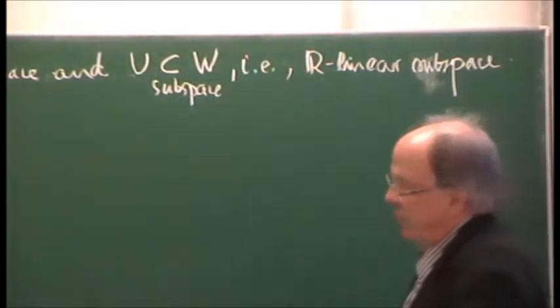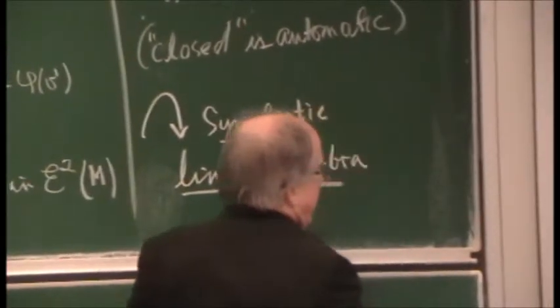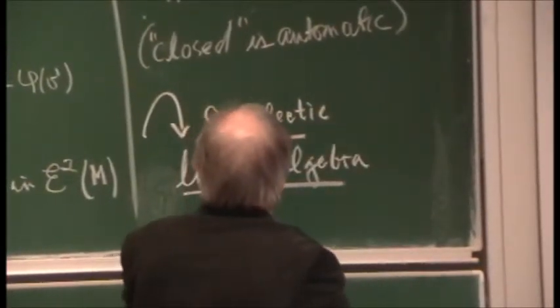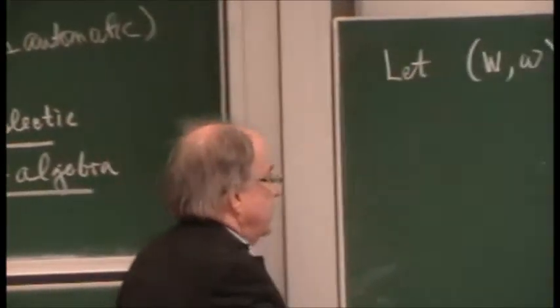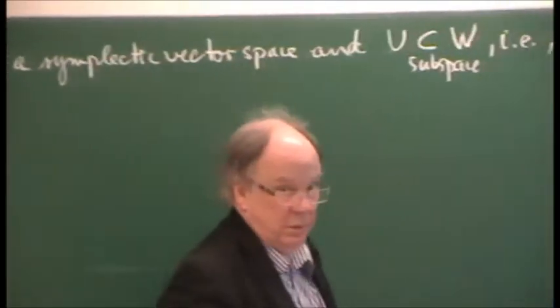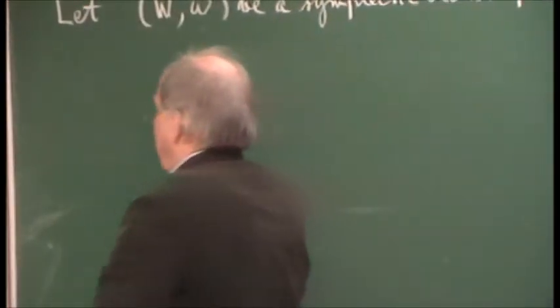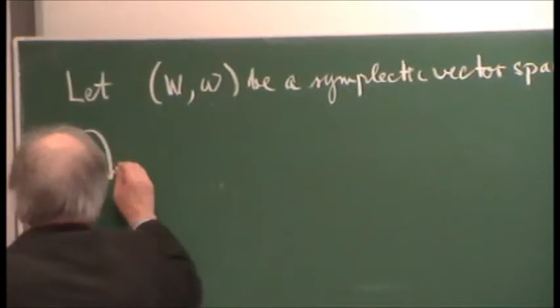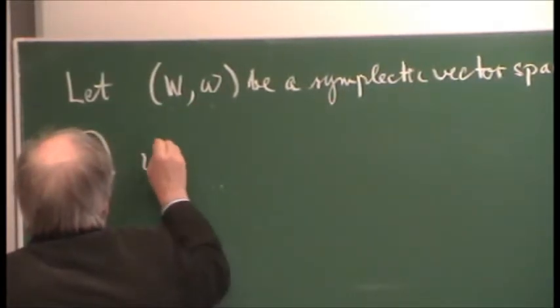So when you do linear algebra, the first thing you do is look at the vector space and additional structure. In this case, a symplectic form, an alternating bilinear form. And the next thing you do is look at subspaces. So the thing you do before anything else is you look at the pullback, if you wish.